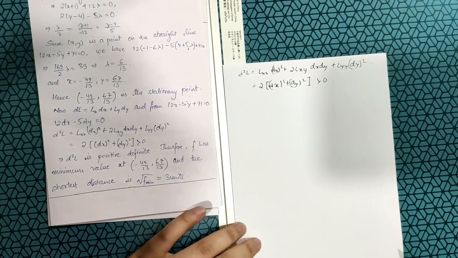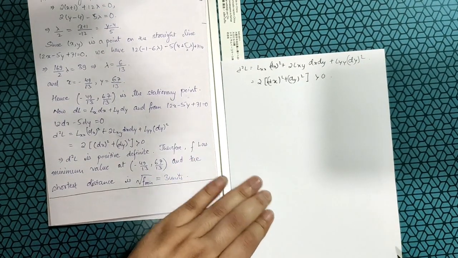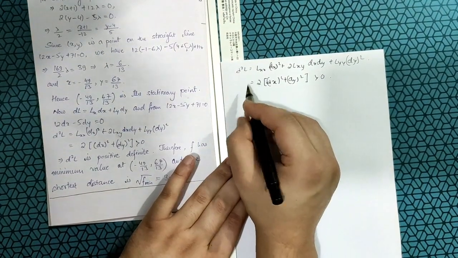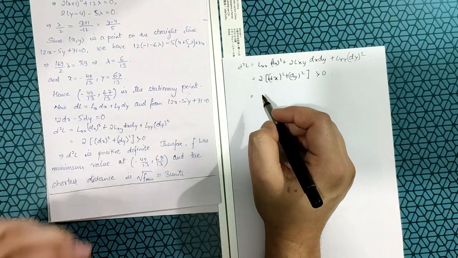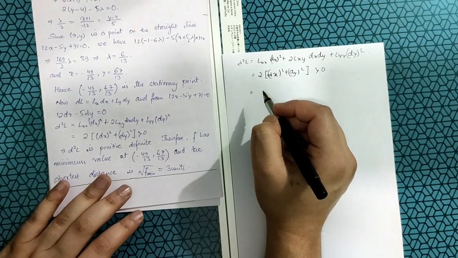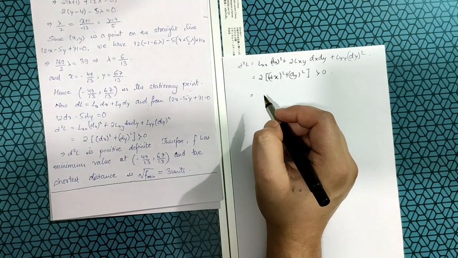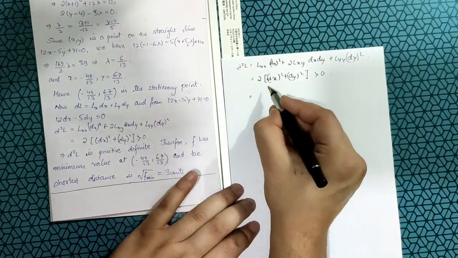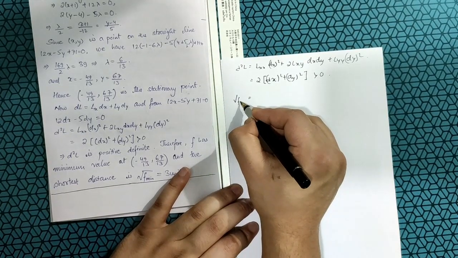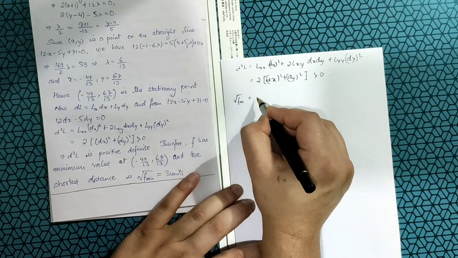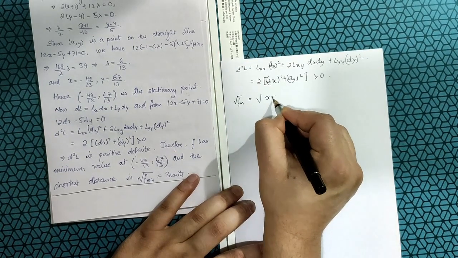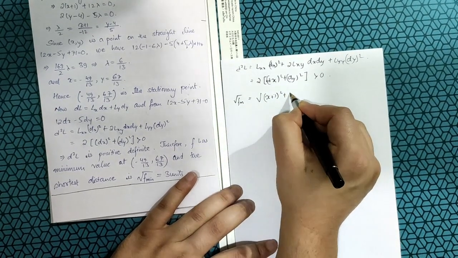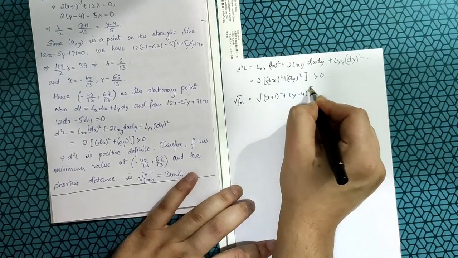So we need to find the shortest distance. So the shortest distance will be the distance between this point and that point. So it is root over f minimum, which is equal to root over x minus 1 whole square plus y minus 4 whole square, right?